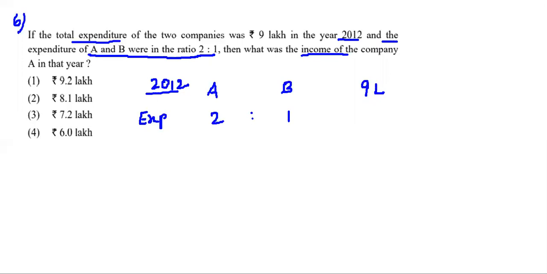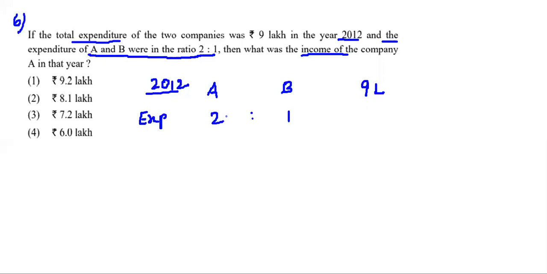Now let's try to find the individual expenditures for the two companies A and B. We know that the total is 9 lakhs and the expenditure ratio is 2:1. So this question involves some kind of ratio also.